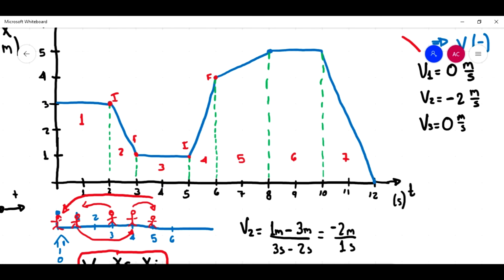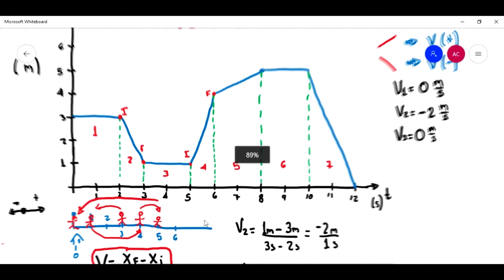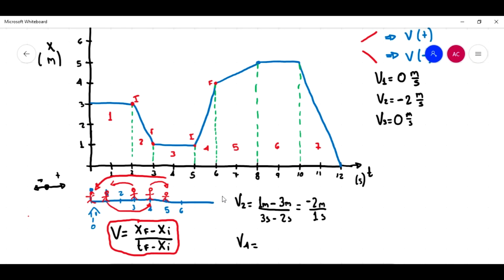So the position is 4 meters minus 1 meter, over the final time, 6 seconds, minus 5 seconds.